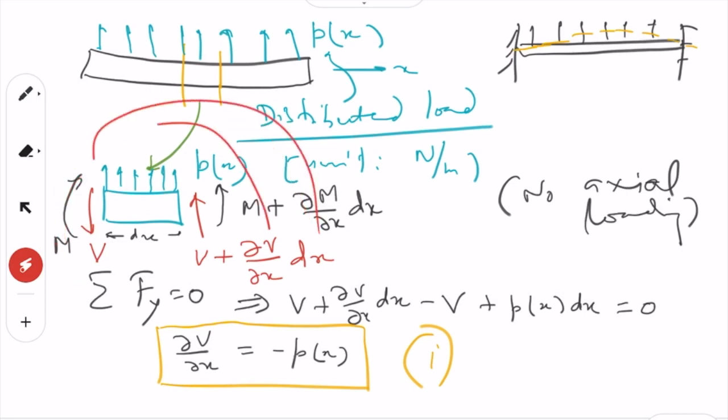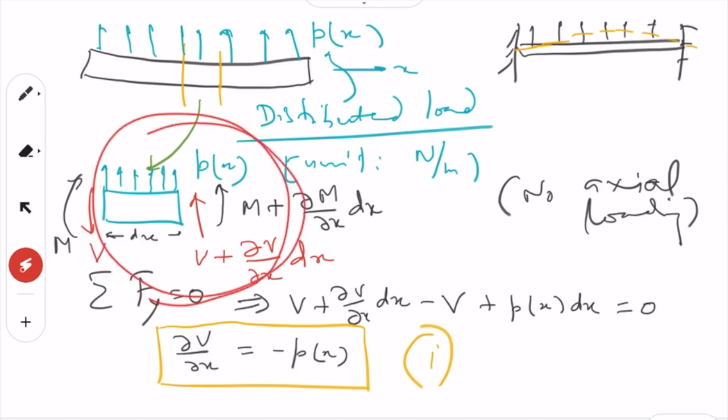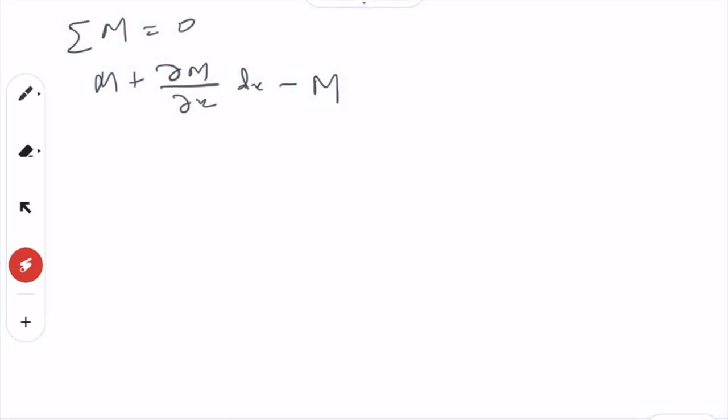So this is anticlockwise. And then V also has times dx, and V is also anticlockwise. So we write here plus V times dx.